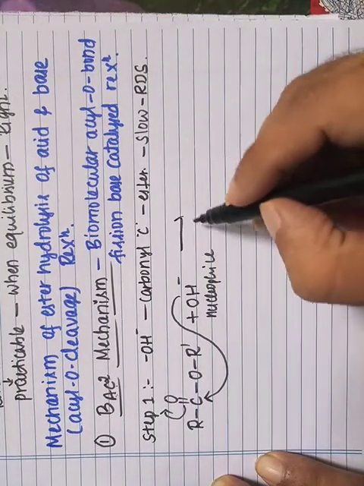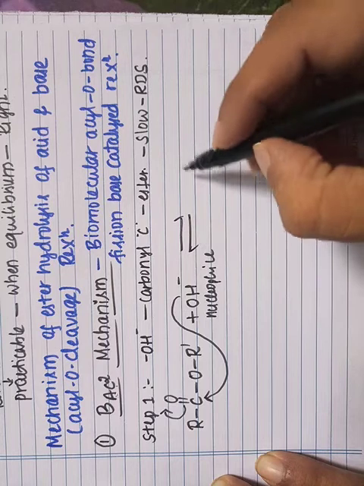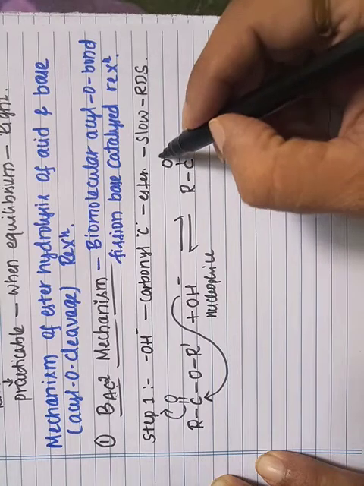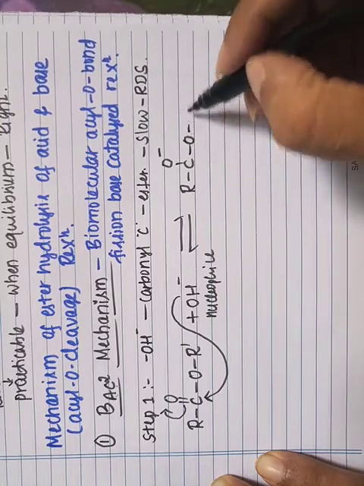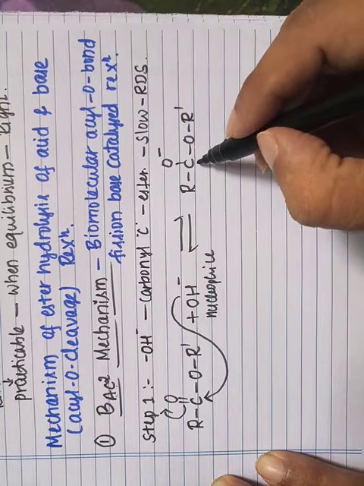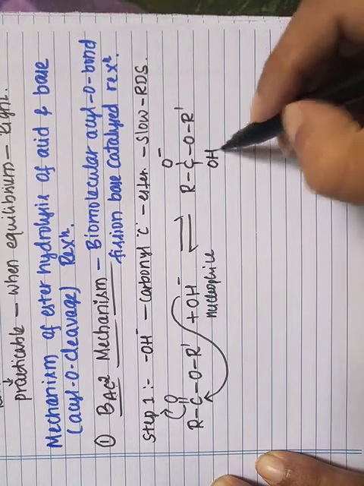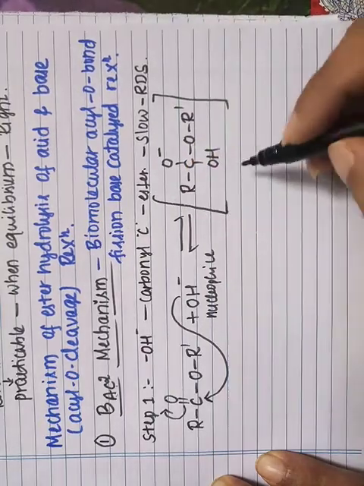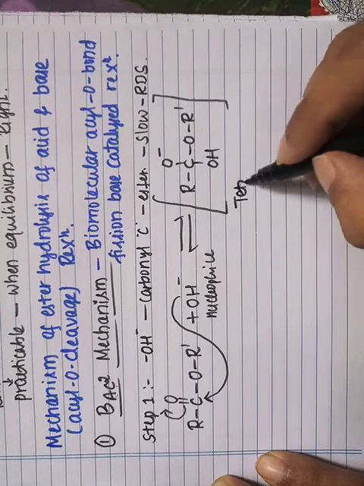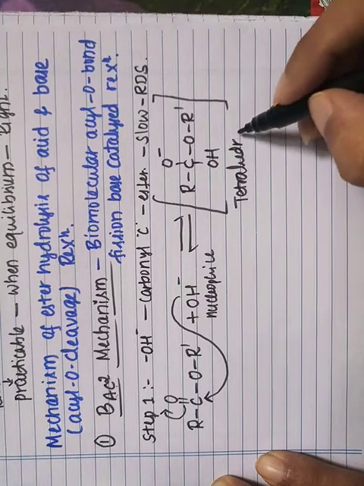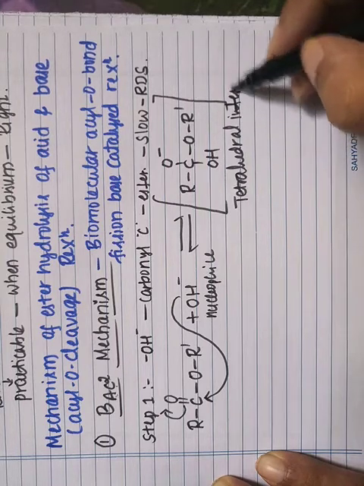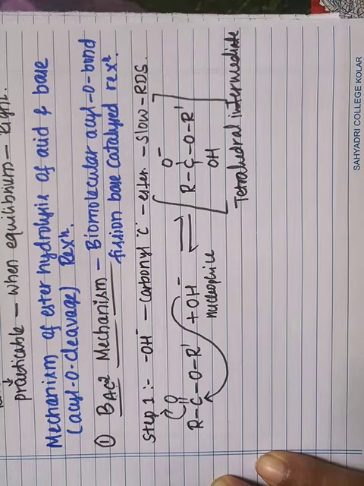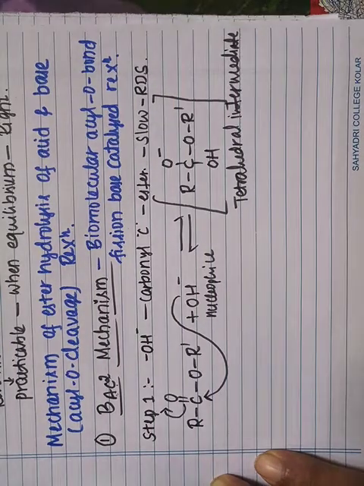That results in the formation of a tetrahedral intermediate. So this is the tetrahedral intermediate. This is step 1, the formation of a tetrahedral intermediate.